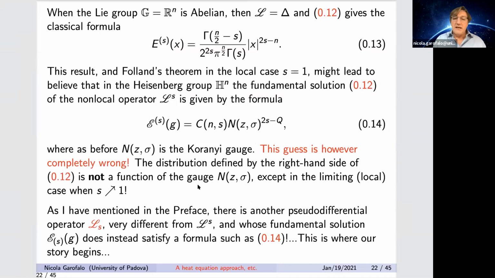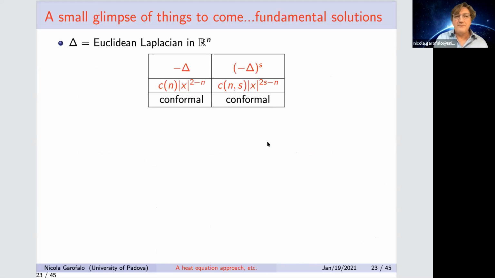As I mentioned in my preface, there is another pseudo-differential operator, which I said I will indicate with L lower s. Actually, this notation goes back to a paper which I have quoted by Rupert Frank and Elliott Lieb. It is very different from L upper s, and its fundamental solution does give us a formula such as this one. But this is where my story begins, okay?